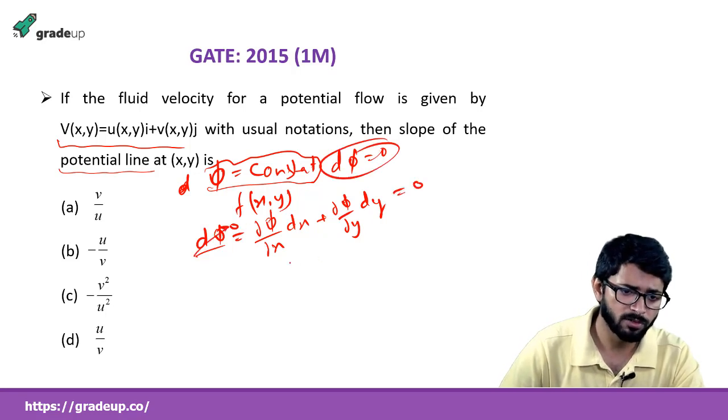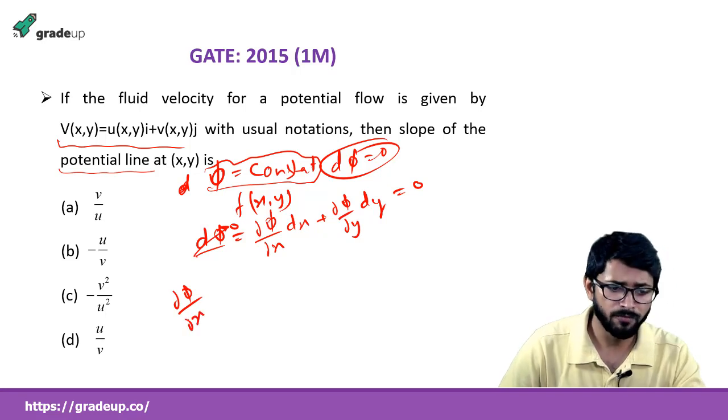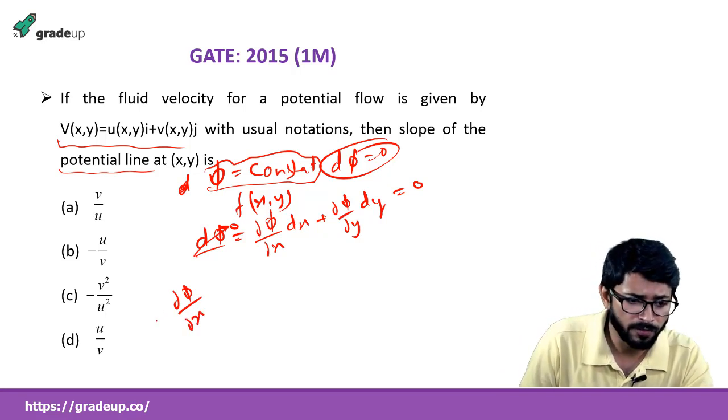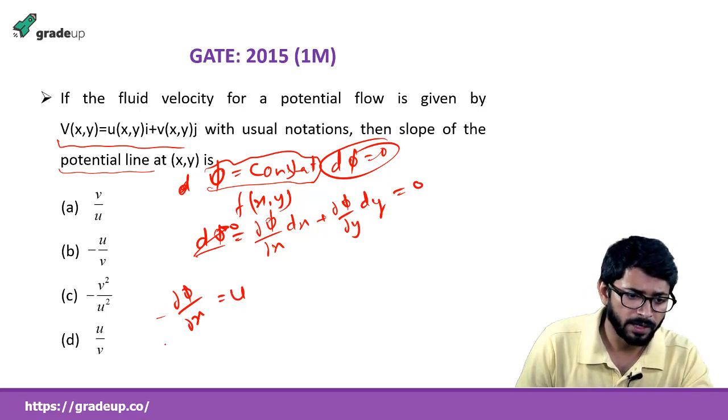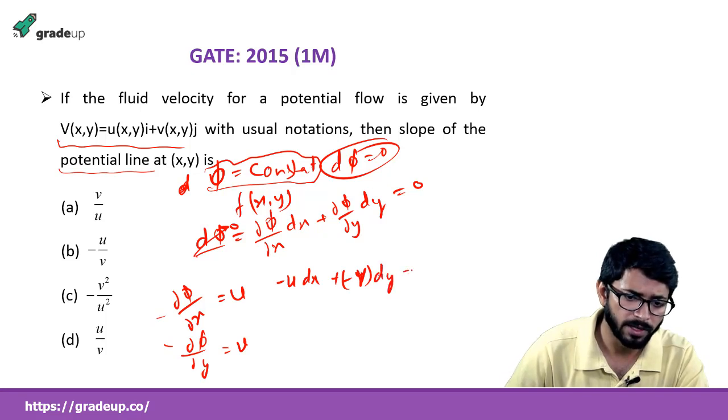Here, the negative of del phi by del x gives the u component, and the negative of del phi by del y gives the v component. So putting that in, we will get minus u dx plus minus v into dy equal to 0.